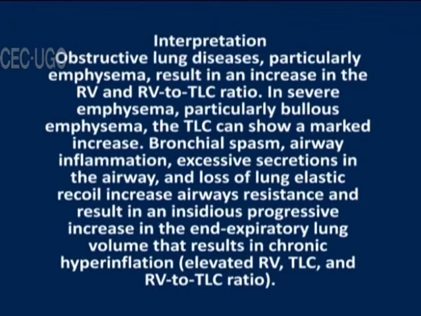Bronchial spasm, airway inflammation, excessive secretion in the airway, and the loss of lung elastic recoil increase airway resistance and result in an insidious progressive increase in the end expiratory lung volume that results in chronic hyperinflation, that is elevated RV, TLC and RV to TLC ratio.